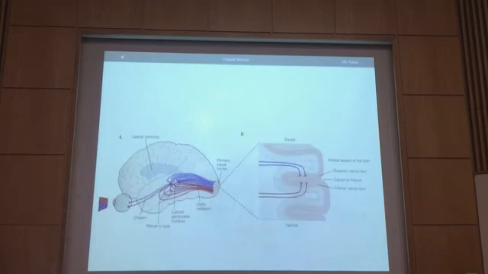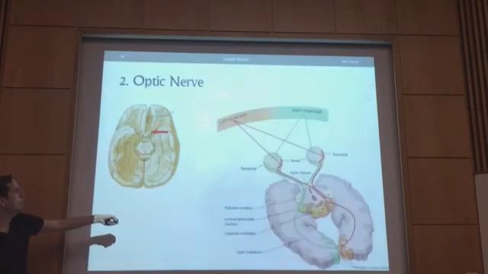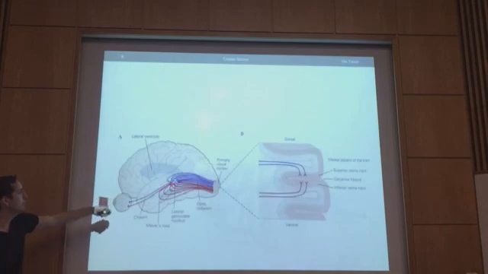And the curious, interesting thing about it is that the information from the superior part of the field of view that goes to the inferior part of the cortex, for some reason, the optic radiation doesn't go straight from the lateral geniculate body to the occipital lobe, but does this loop.